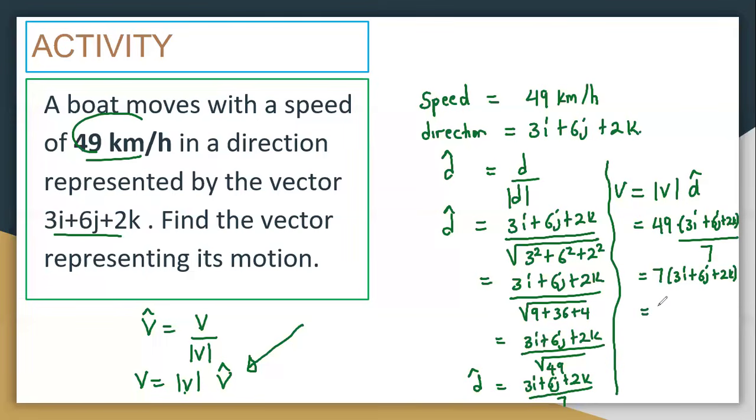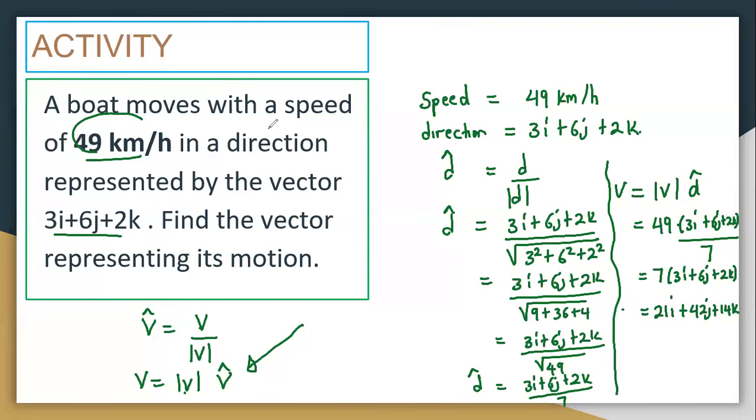And then yesterday we looked at how we deal with a scalar, so we multiply it inside. 7 times 3, we end up with 21i, plus 7 times 6, that is 42j, 7 times 2, that is 14k. Now, this is our vector for the motion of the boat.